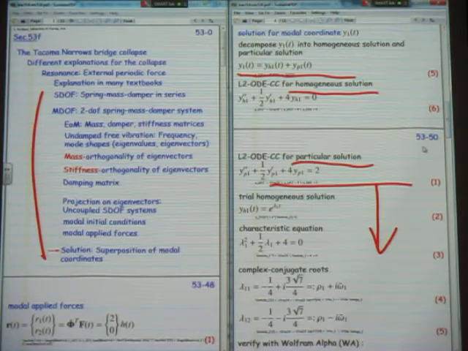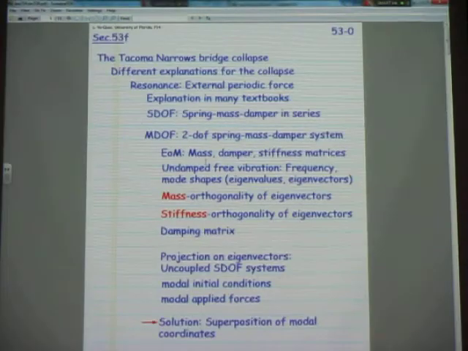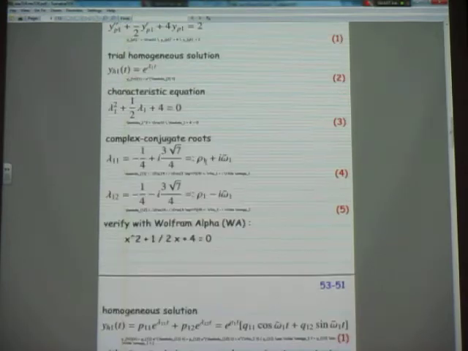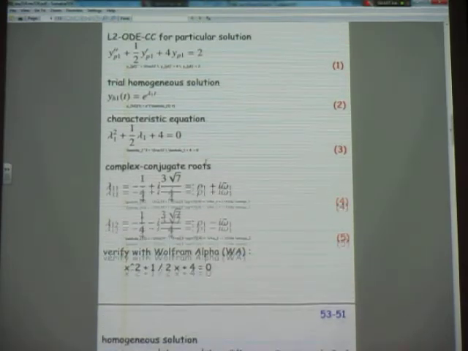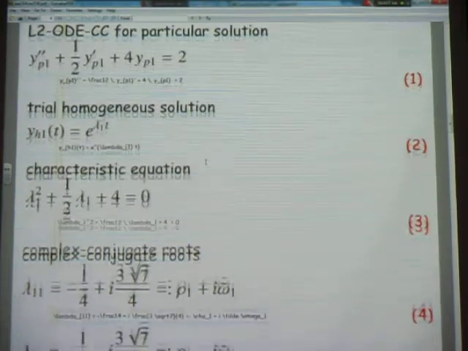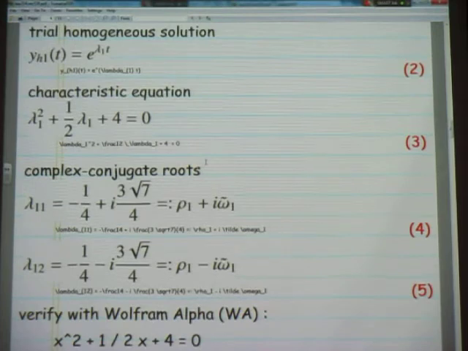The homogeneous solution. And starting with the trial solution. So let me bring up the middle window to zoom in so that you can see better. And we're not going to go through this again, but I just want to draw your attention to the following.